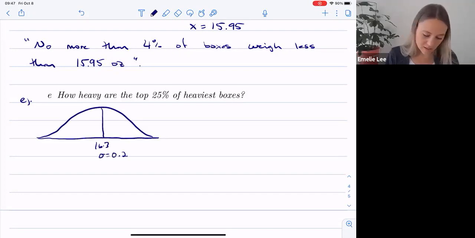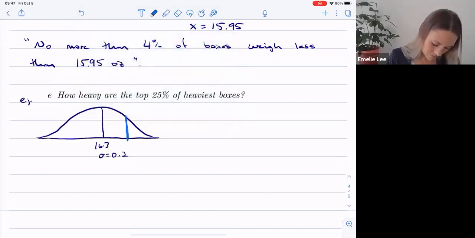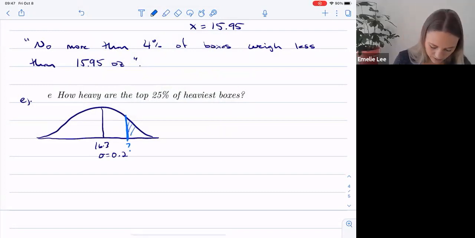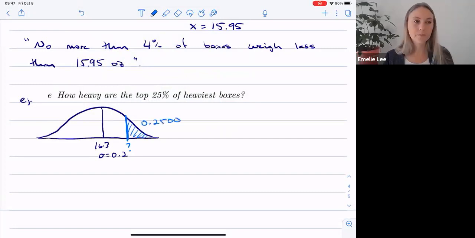So now at some point that we're trying to solve for, this area is going to be 0.2500. Okay. Now, that's on the right side. There are a couple of ways you can get sneaky as you get more comfortable.